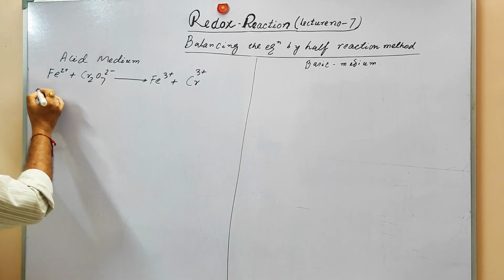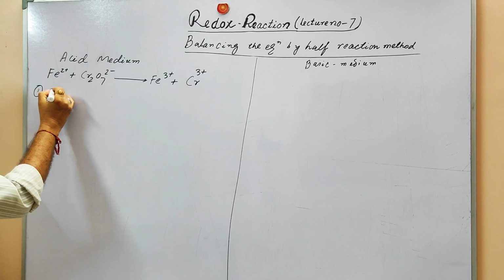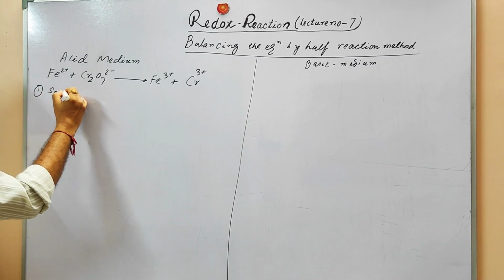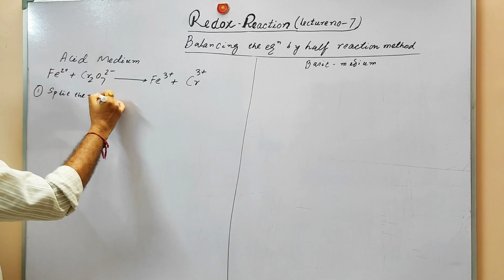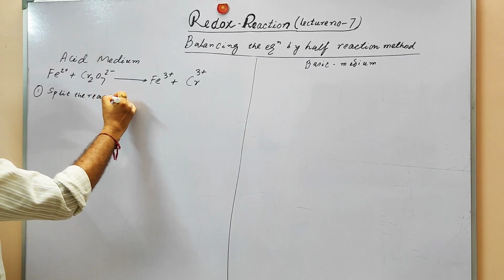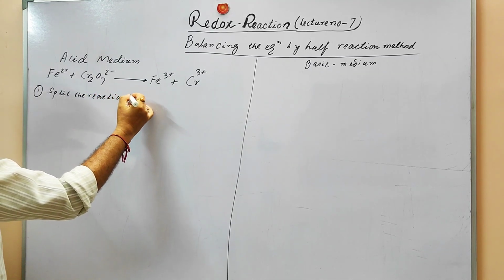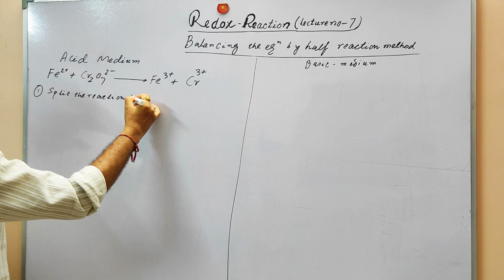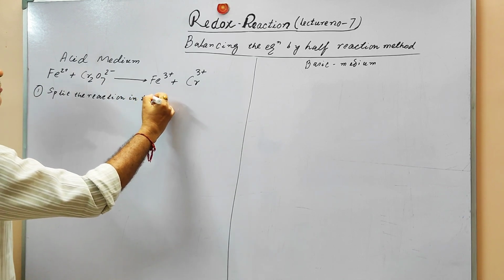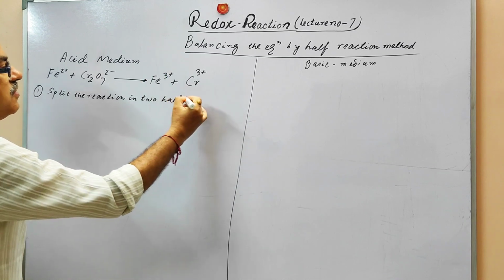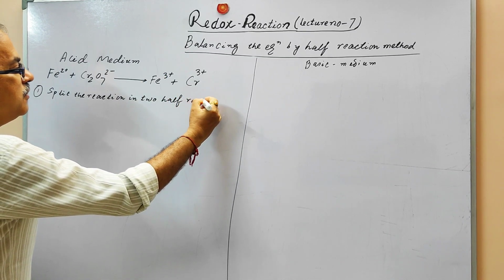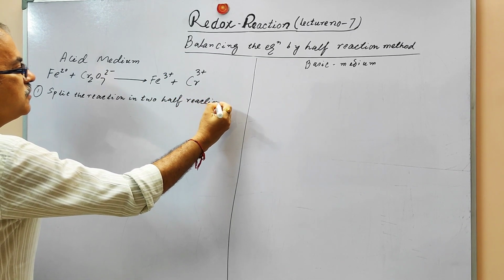The first step of the half reaction method is to split the reaction into two half reactions, one oxidation and another reduction half reaction.